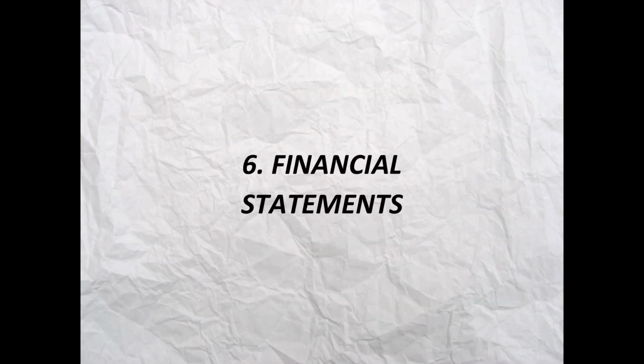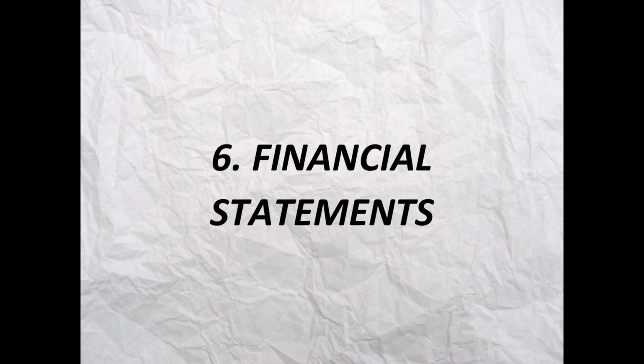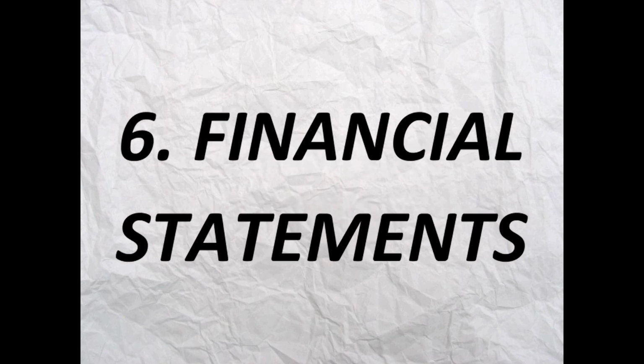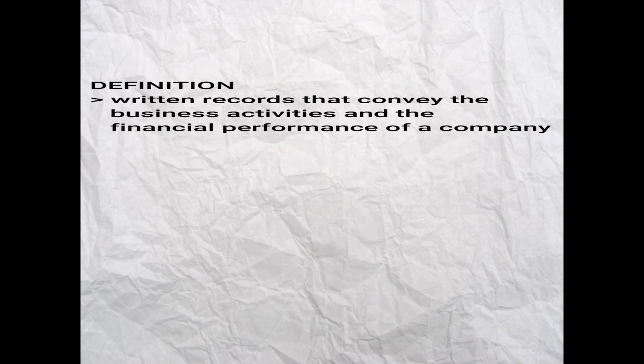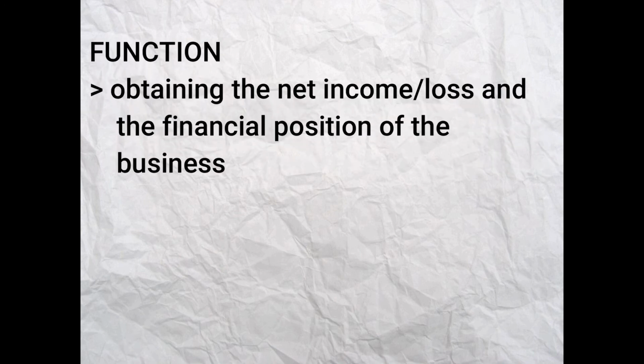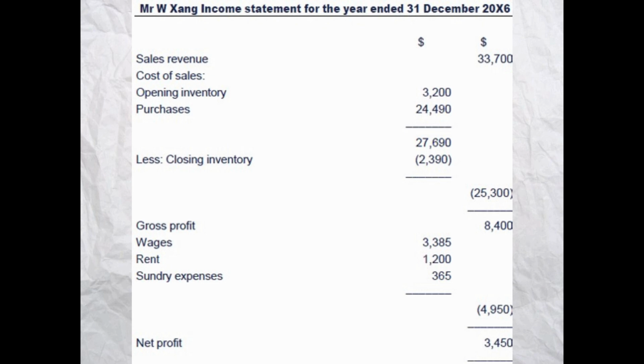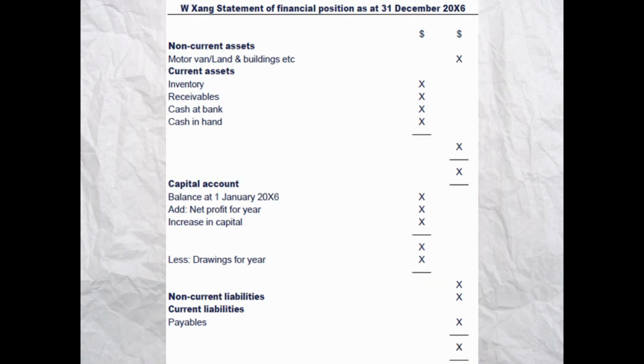The last step of recording business transaction is the financial statement. The definition of financial statement is written records that convey the business activities and the financial performance of a company. The function of financial statement is to obtain the net income or loss for the period, or to obtain the financial position of the business. Examples of financial statement are the statement of comprehensive income and statement of the financial position.